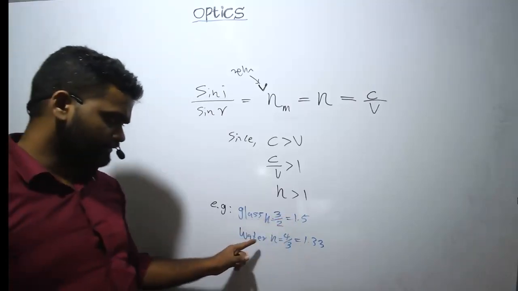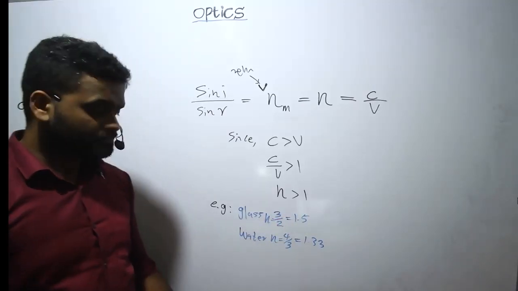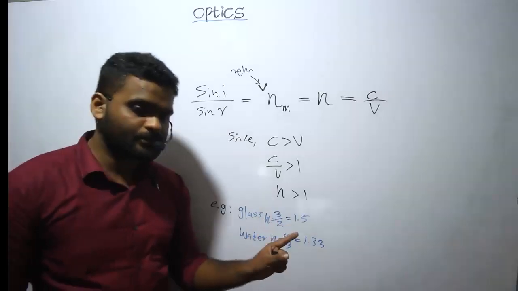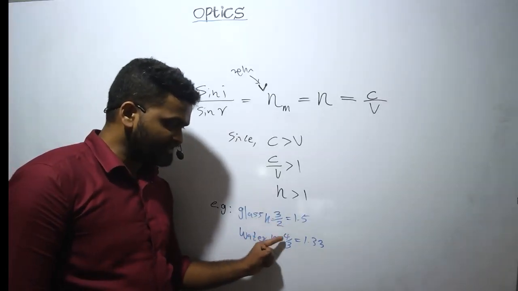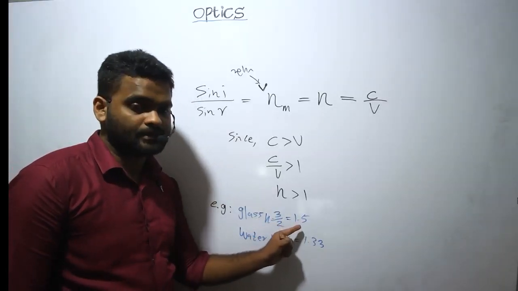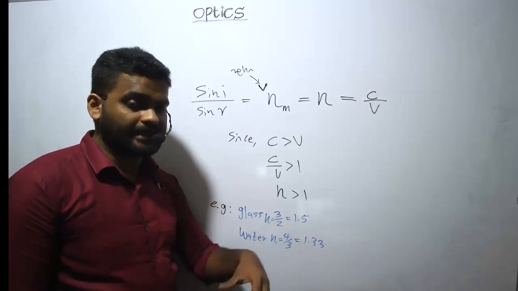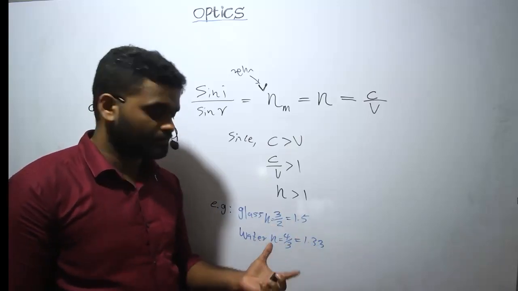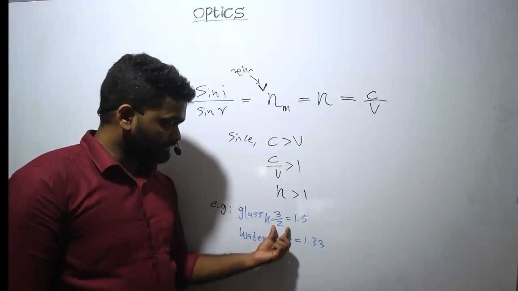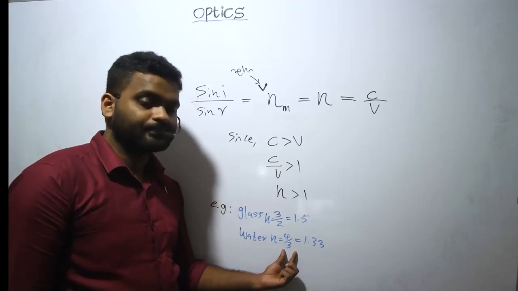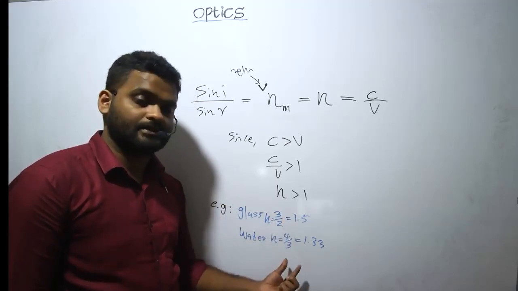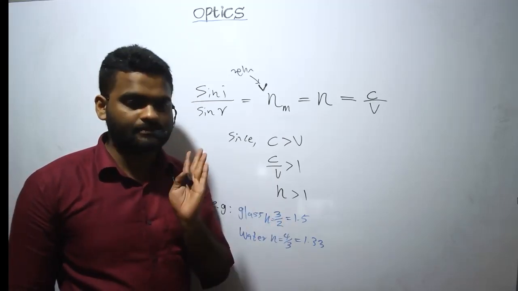Glass 1.5, water 1.33. When you are solving problems, you have to use either the fraction or the decimal numbers. Depending on that, the question would get easy or complicated. Most of the time we use a fraction, because of the simplification.